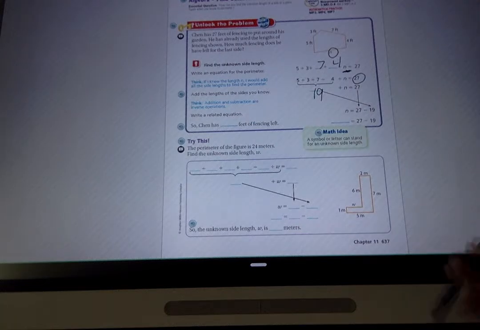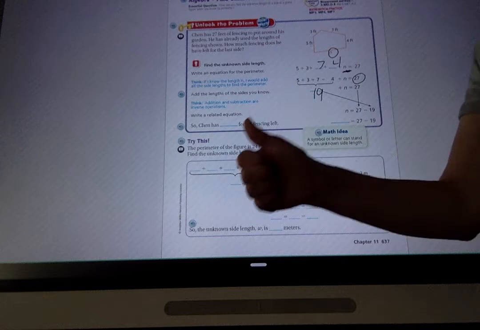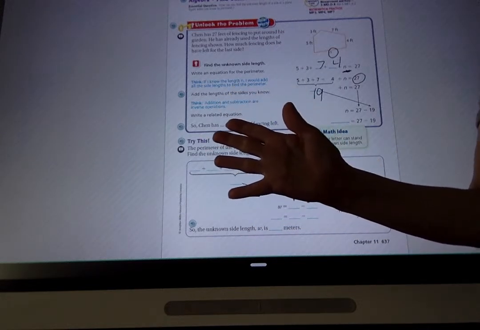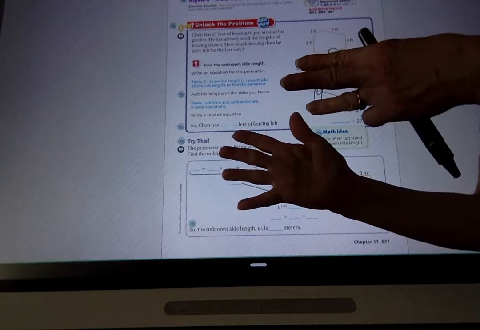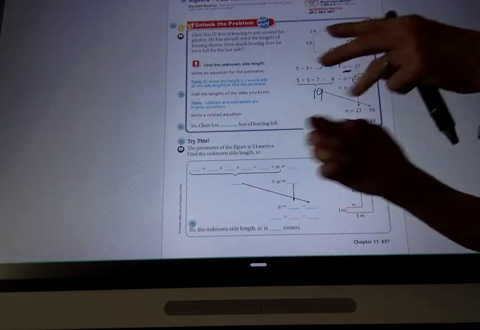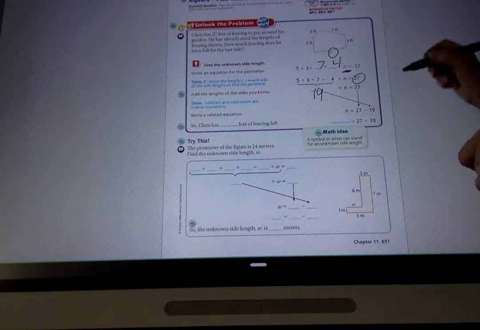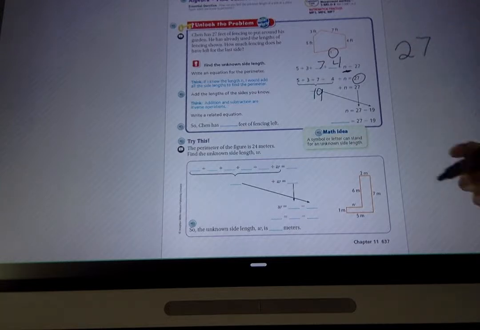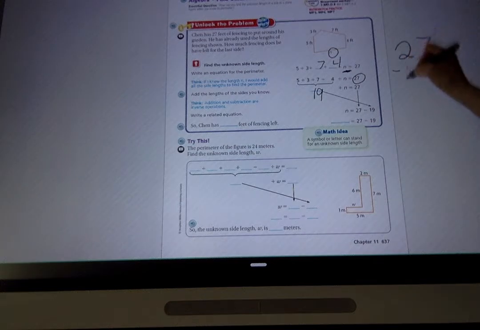Well, I can count up 19, 20, 21, 22, 23, 24, 25, 26, 27. But instead of counting on our fingers, we could also subtract 27. That's our total. Take away what we know.